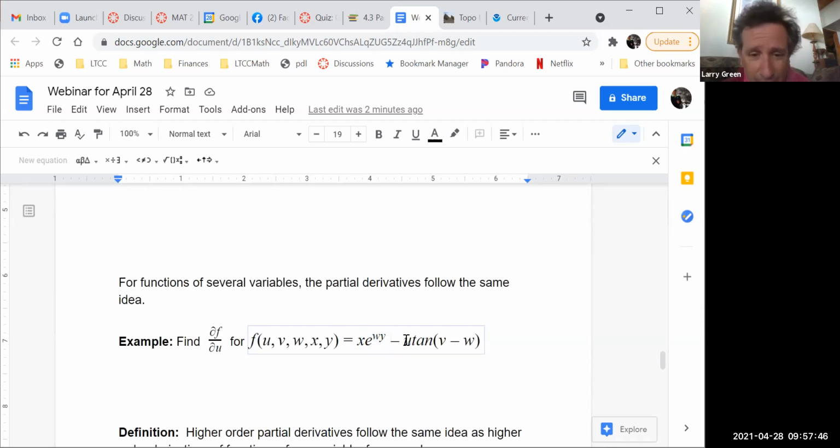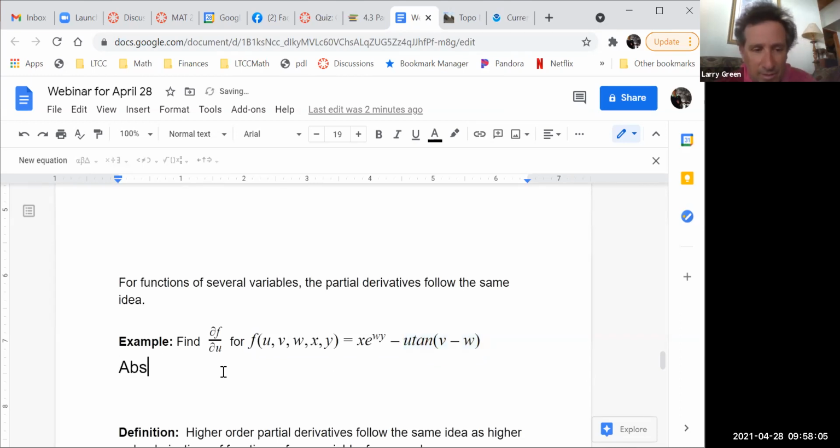So really all we have is the minus u tangent of v minus w. Well, in this case, v and w are constants. Tangent of v minus w is a constant. So that's the same thing as asking what is the derivative of negative a constant times u? And that's just negative a constant.